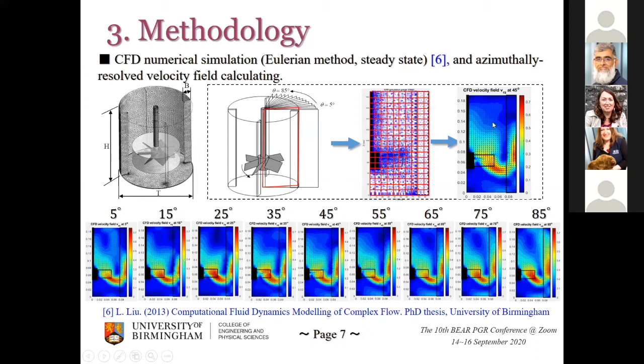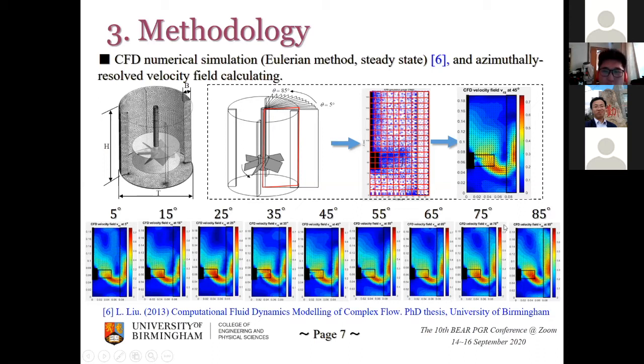We can see that from 5° to 85°, the main features of the velocity field are similar, but there are some small differences.